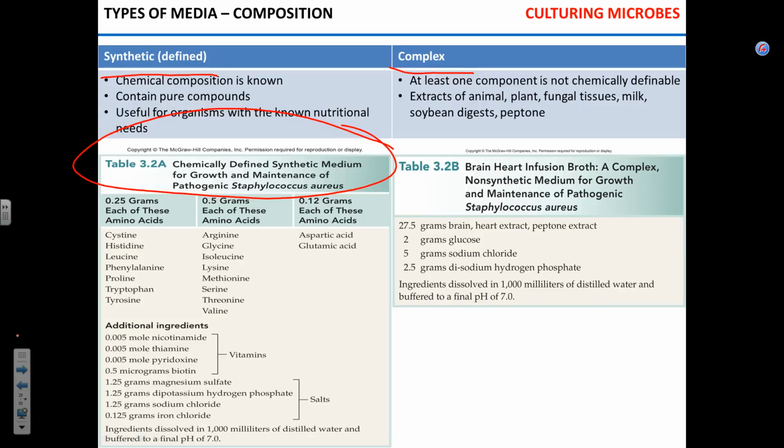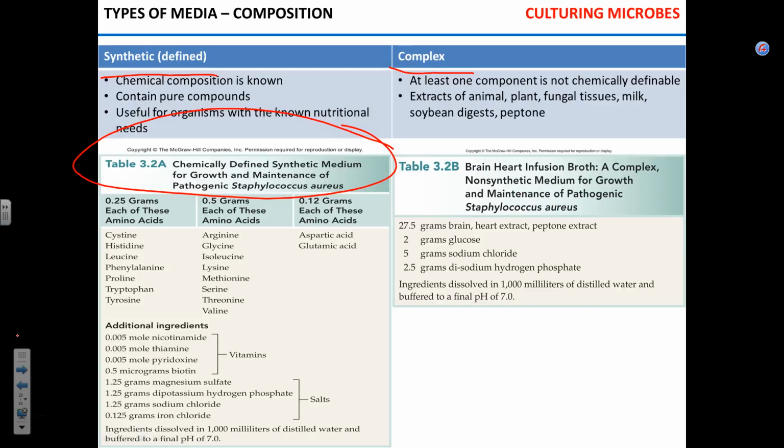In synthetic or defined, you know all the components to the letter exactly. You go in the lab, you have cans on the shelves. Can says alanine, glycine, vitamin A, potassium chloride, whatever it says, chemical. And you weigh a certain amount of each chemical, you throw it in a certain amount of water, you mix it, you dissolve it, this is your medium.